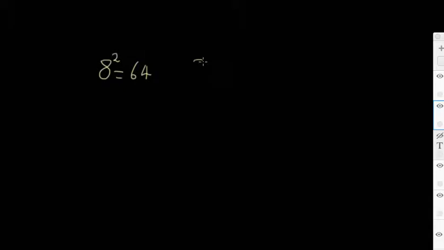Now if I had 8 to the power of a third, we know that is the cube root of 8, which is 2. Now, a fractional index will take 8 to the power of something like 2/3. Now the way to solve something like this is to split them in two.